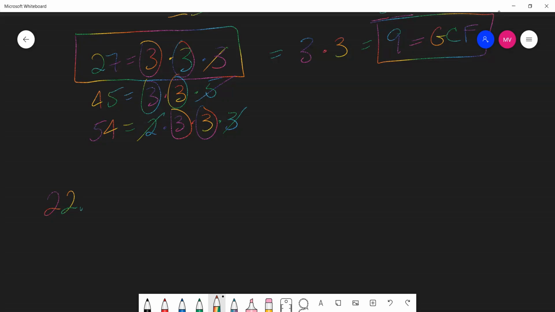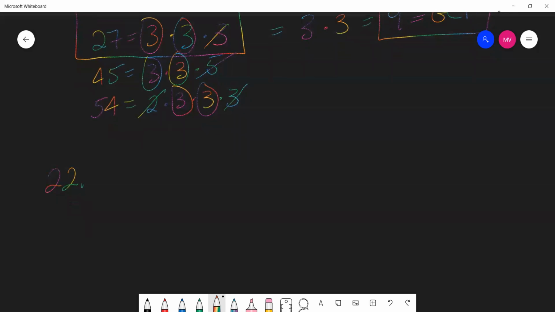So let's go ahead and break these down. So in this case, for 22, we're not working with any constants or what we would call coefficients. So we just have variables. So our first one is a squared b to the power of 5. And then our second one is a cubed b.